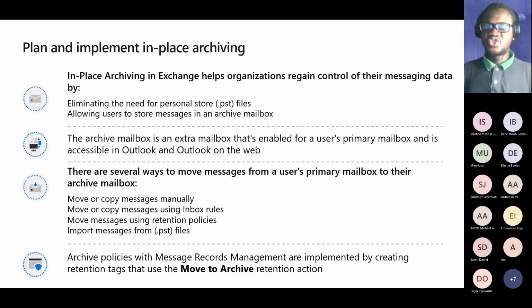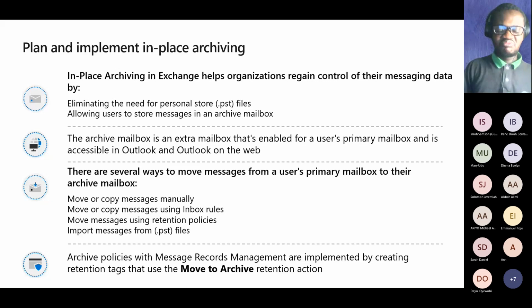So what we do first is to enable the in-place archive and then set some retention policies based on some particular tags. Let's say you set a retention policy that says emails greater than 365 days are to be moved to the archive. So all emails that are greater than or equal to 365 days are moved into the archive.